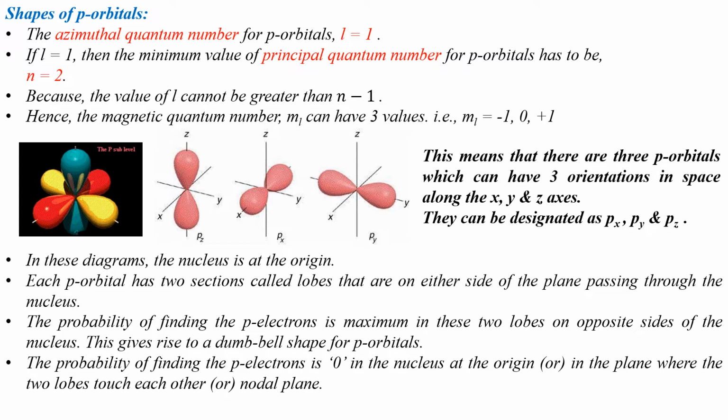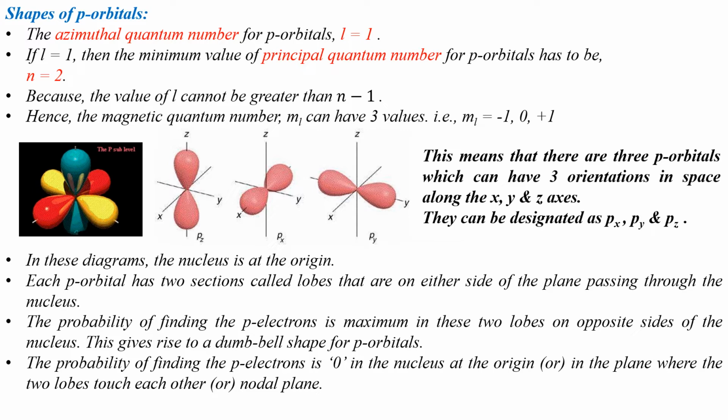This means that you can find the existence of electrons in the p orbitals only from the second shell onwards, but you cannot find electrons in p orbitals in the first shell. This is because the value of l cannot be greater than n-1, that is, it cannot be greater than 2 minus 1.